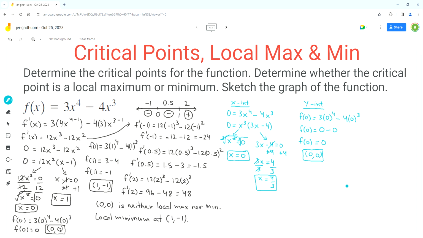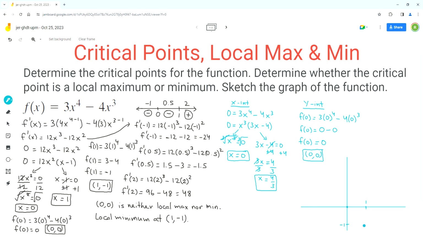Now we can use all of this information to sketch the function. So let's start by drawing the grid. So we can start by showing the critical points. The critical points are at 0, 0, the first critical point we got. And then the second critical point is at 1, -1. So let's assume this is 1 and this is -1.